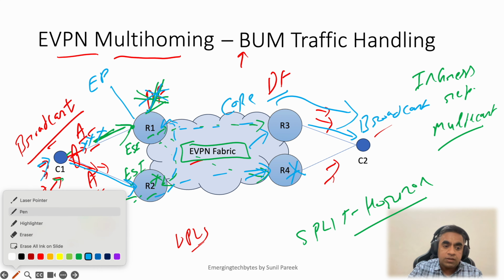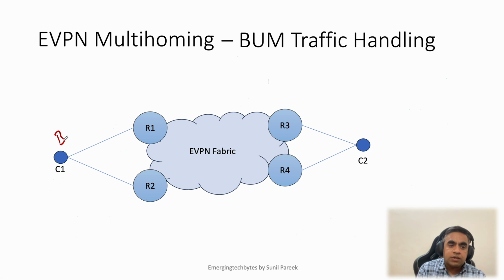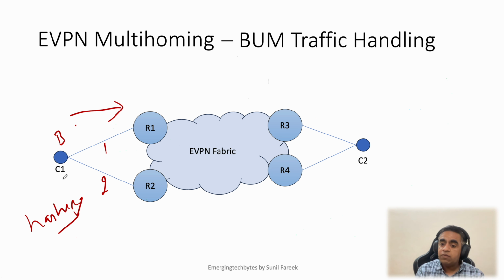If I erase all this ink, when the broadcast traffic comes in this direction, it can very well come on link 1 or 2 depending on the hashing from C1, but no role of DF on this side.